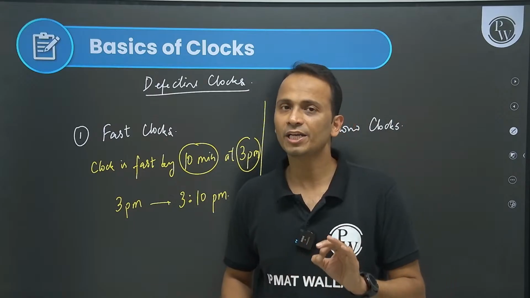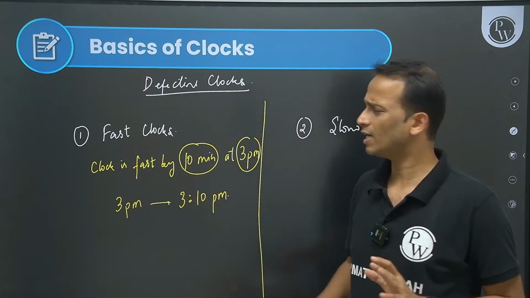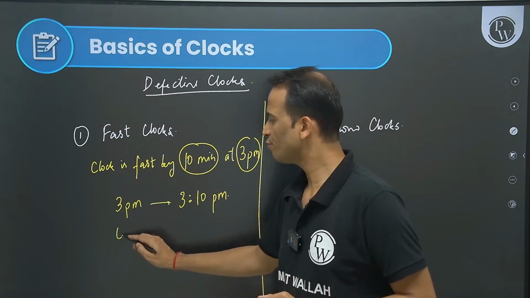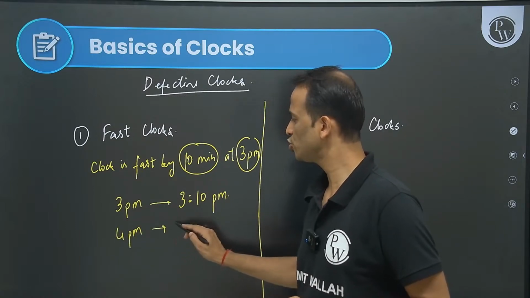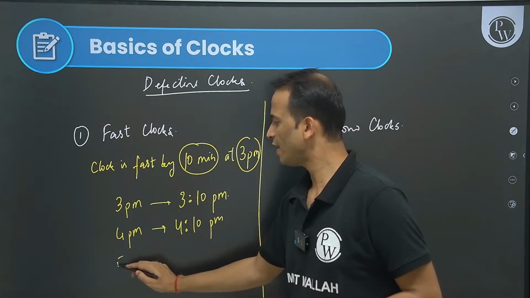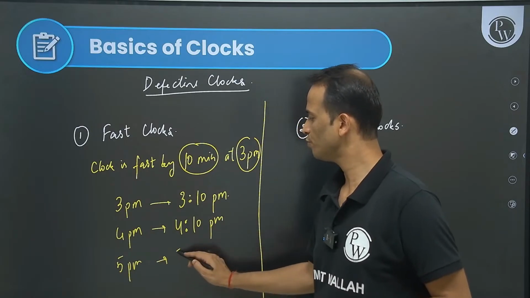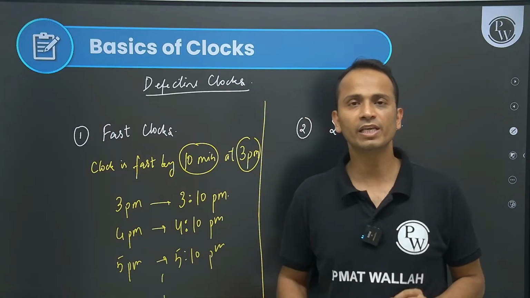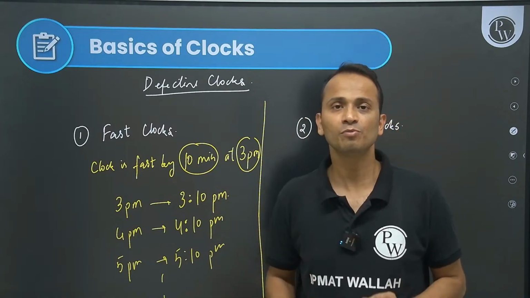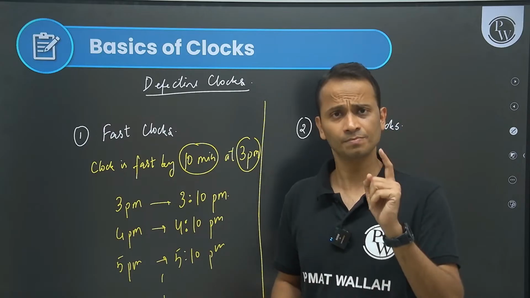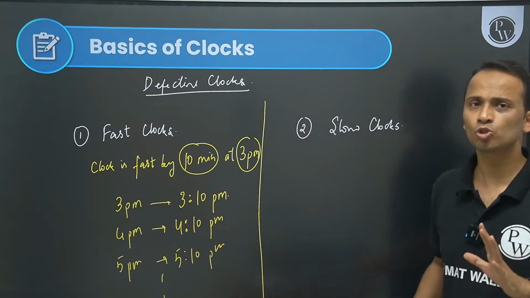Now if no correction is made in this clock, अगर हम time change नहीं करते हैं, right? So at 4 p.m. it will show 4:10 p.m. At 5 p.m. it will show 5:10 p.m. and so on. It will keep on showing this particular time which will be ahead of the correct time by 10 minutes, right?